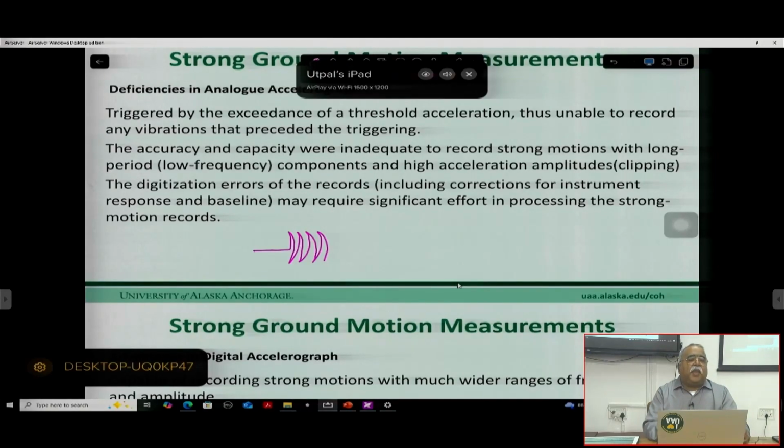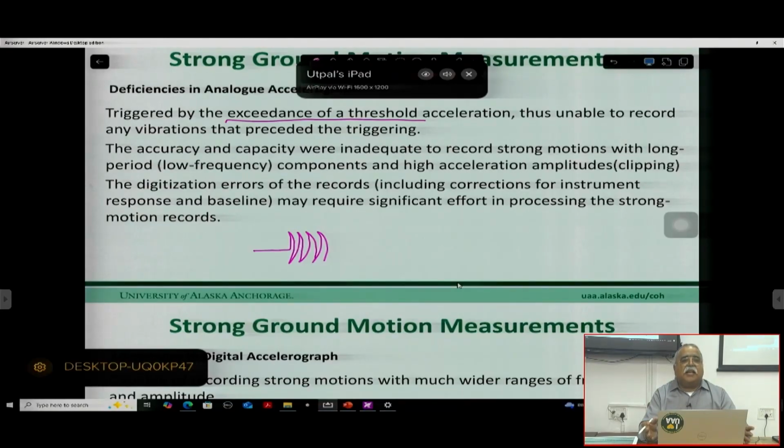So that's why earlier analog accelerometers did not record continuously. They were made to record whenever there was a certain exceedance of the ground motion, what we call an exceedance of threshold. In order to avoid unnecessary work, they do not allow the film to come out from the recording.